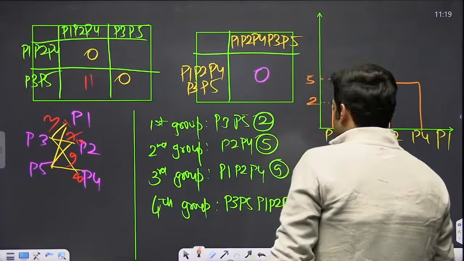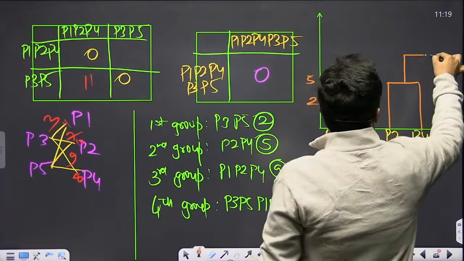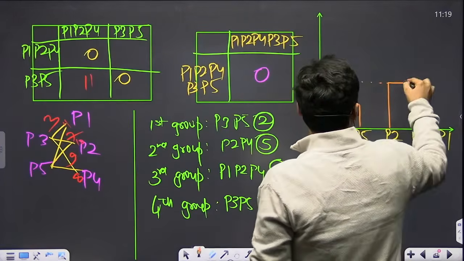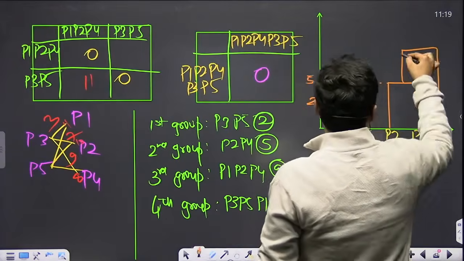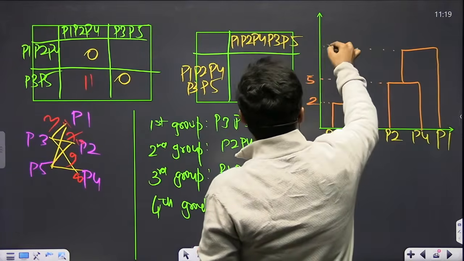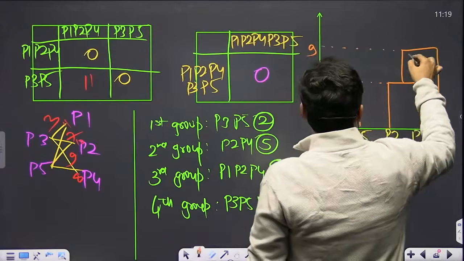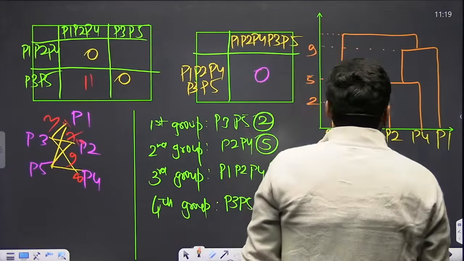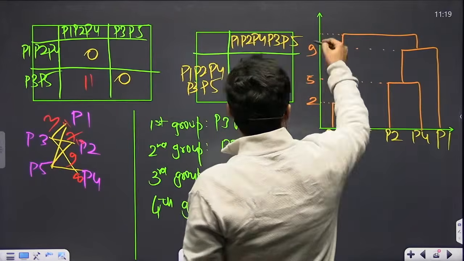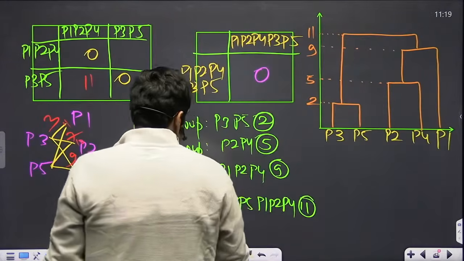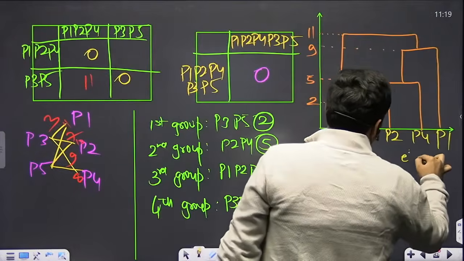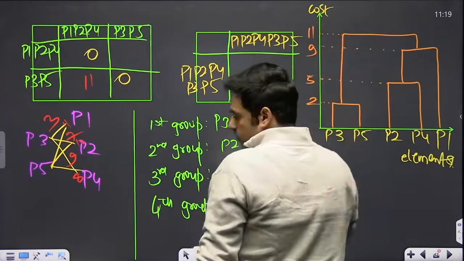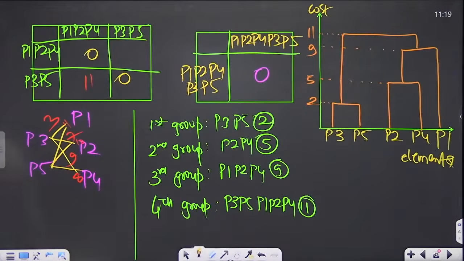Then P1, P2, P4 at a distance of 9, and then P1, P2, P4 with P3, P5 at a cost of 11. So this is the dendrogram. Here these are the elements and on the y axis we have the cost.